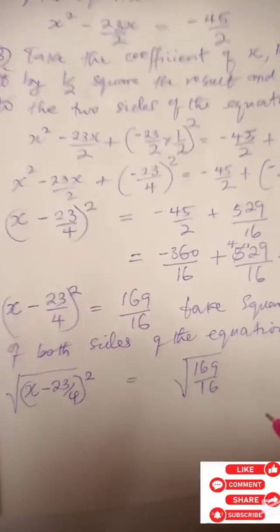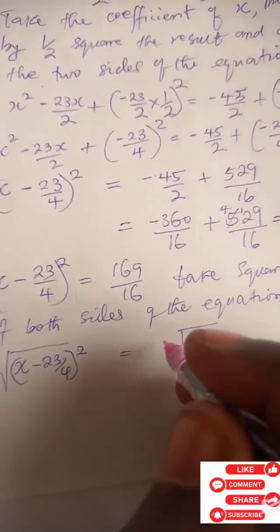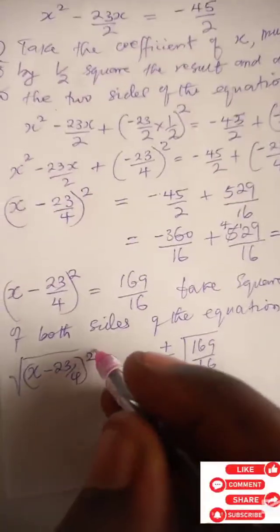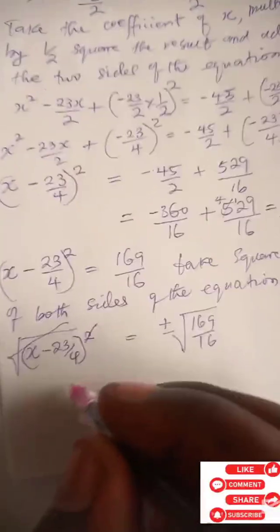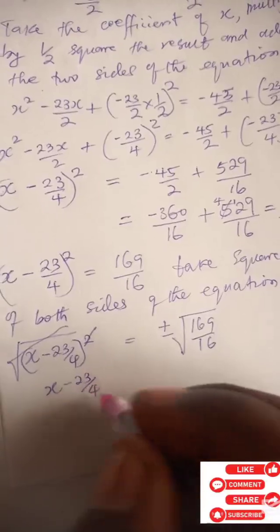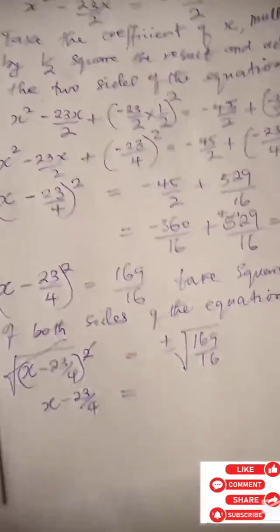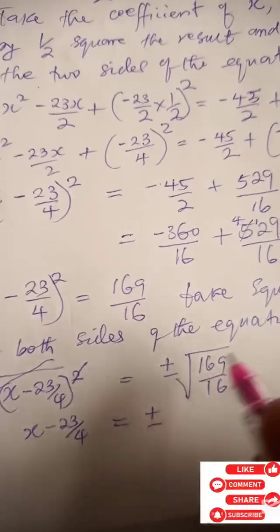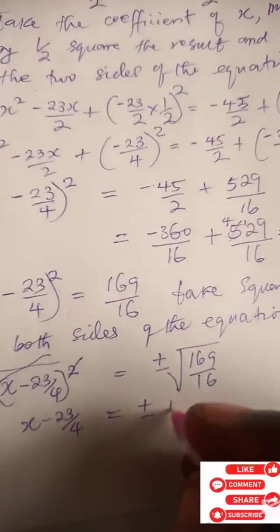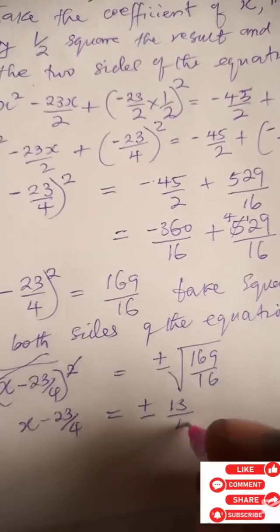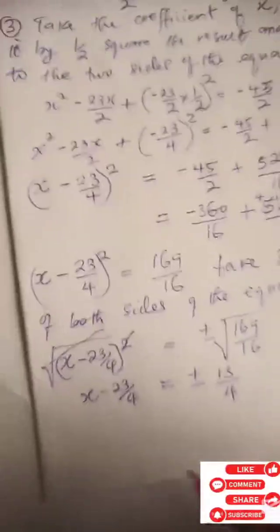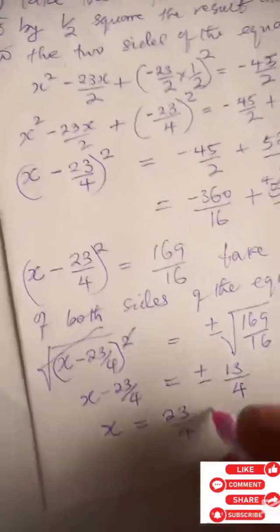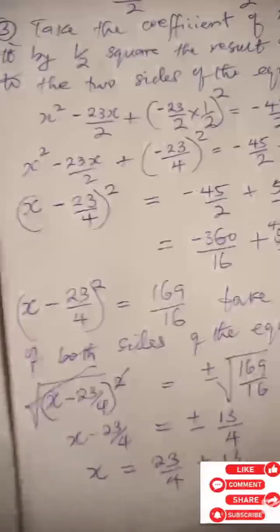But since we are solving factorization and it has two values, we will have positive and negative increment. So these two will take away the square root. We are left with x minus 23 over 4 is equals to plus or minus square root of 169 will give you 13 all over square root of 16 will give you 4. So in this case, x will then be equals to 23 over 4 plus or minus 13 over 4.